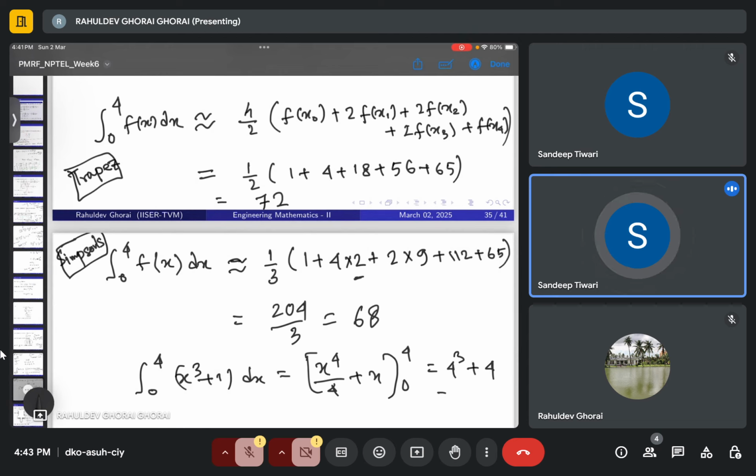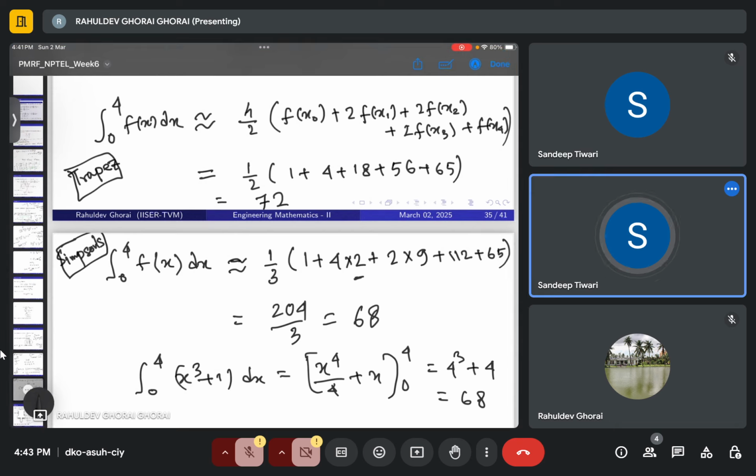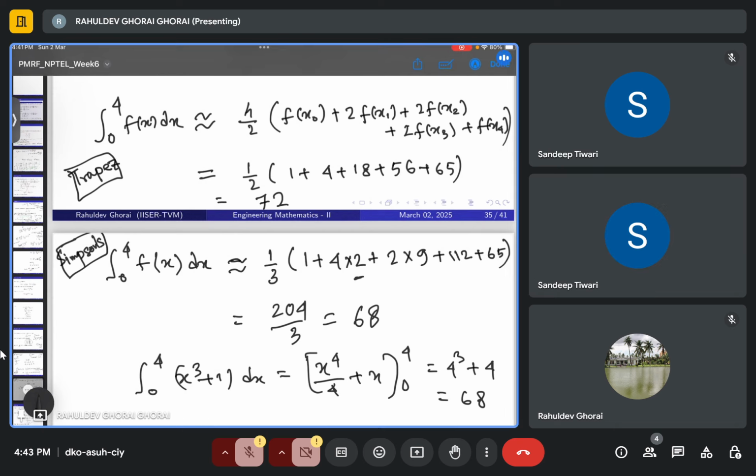By Simpson we got the exact value, but that won't always be the case. We also don't know why we got 68, maybe some mistake. Simpson gives a much better approximation in this case, and most probably in all the cases we will see.